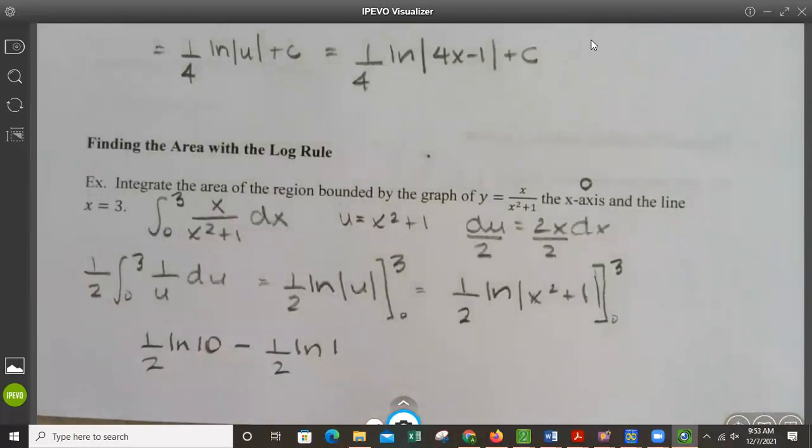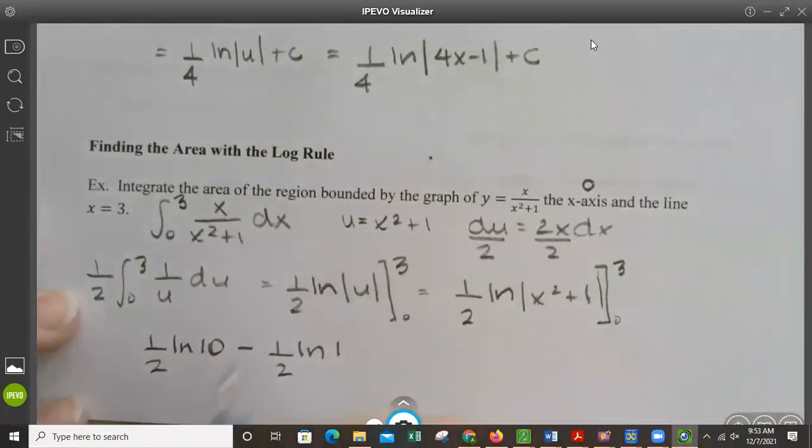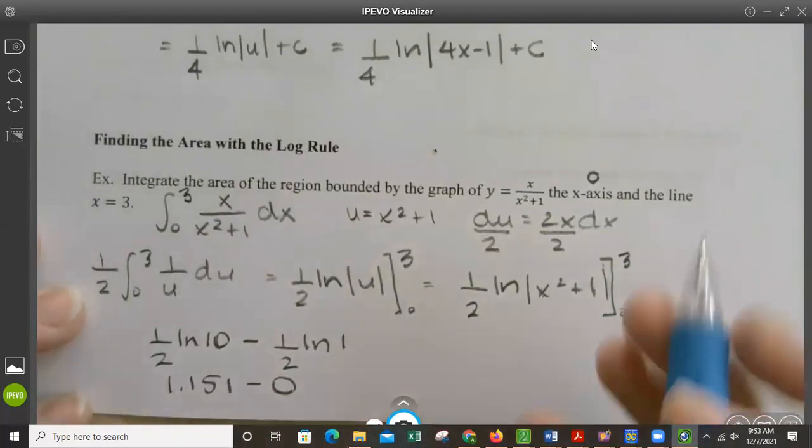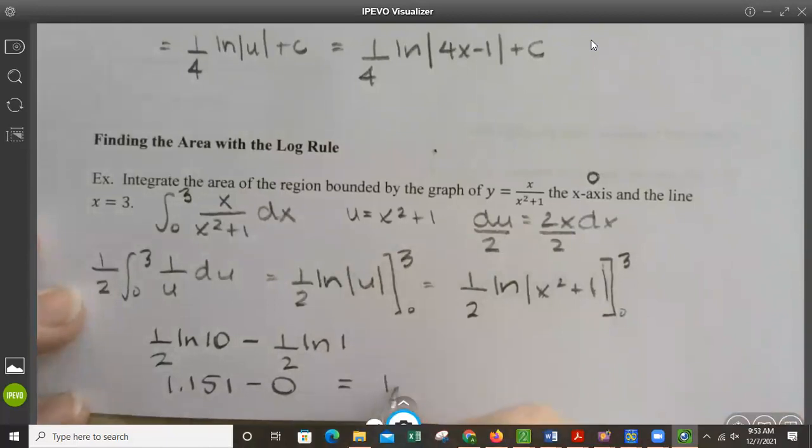And I can do positive 10 and positive 1 now because we can take the absolute value of regular numbers. So the absolute value went away when we did that. All right, when we put it into our calculator, 1/2 ln 10 is 1.151. ln 1 is 0 times 1/2 is 0. So your area is 1.151.